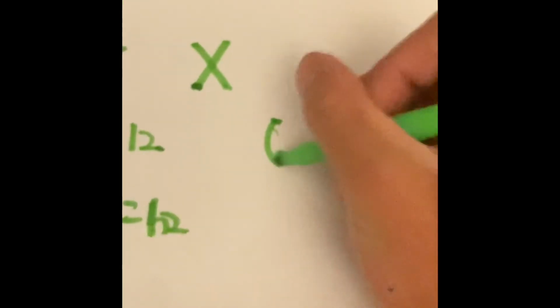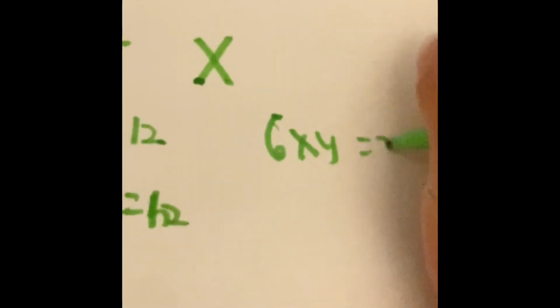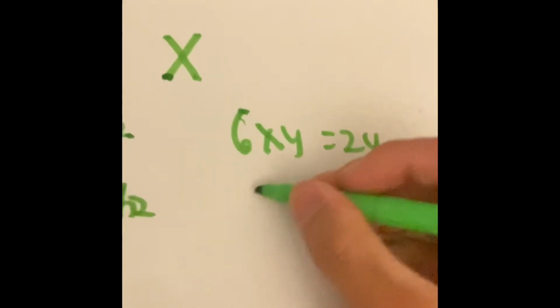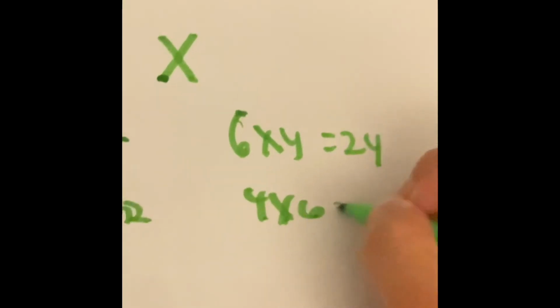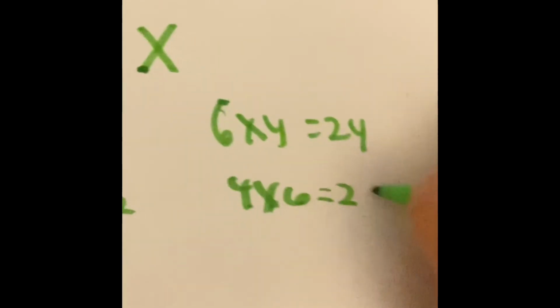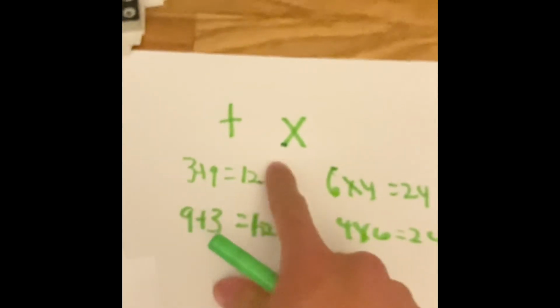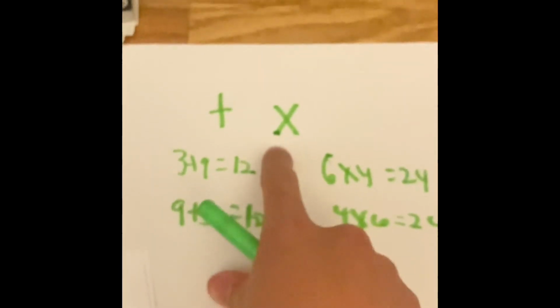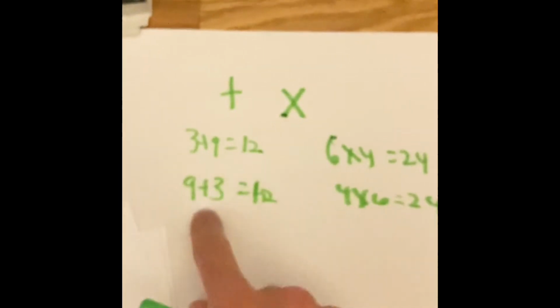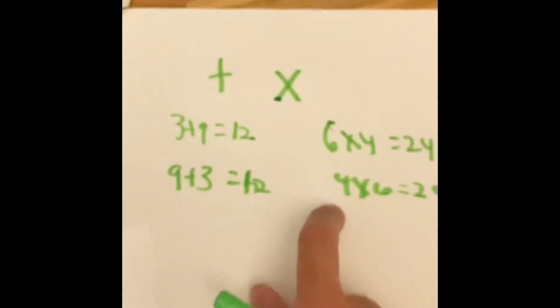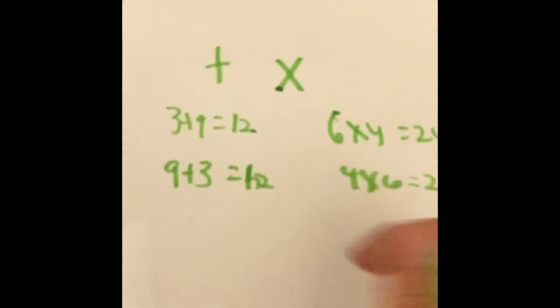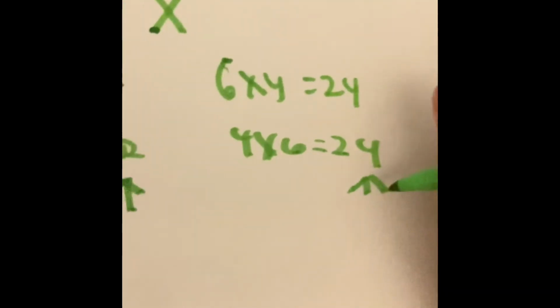Same with multiplication: 6 times 4 equals 24, and 4 times 6 equals 24. The exact same answer. So when you add or multiply, due to the commutative law, it doesn't matter what order you place your numbers, because you will always get the same answer.